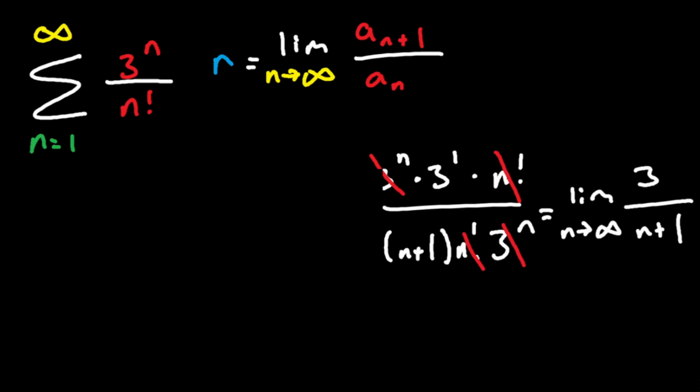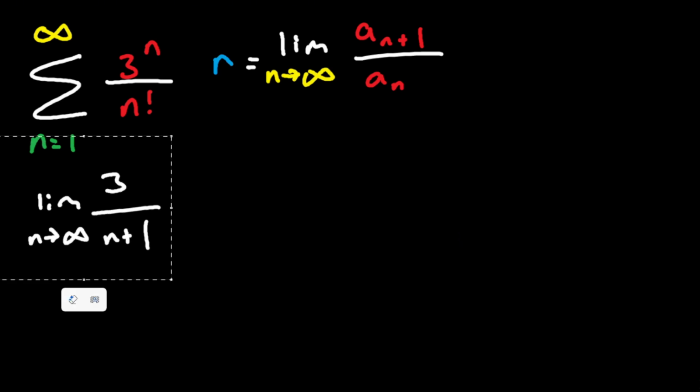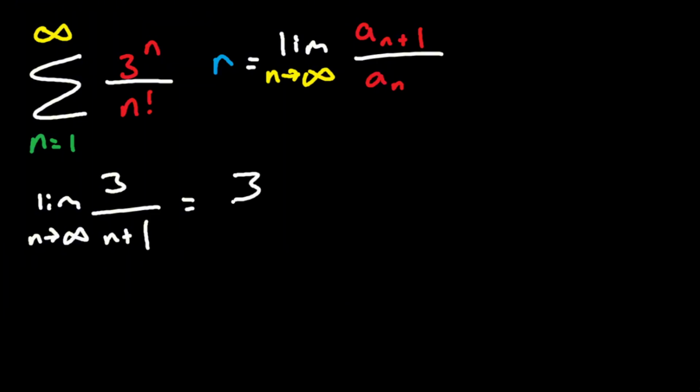So this limit is actually quite simple to solve. In most cases, the ratio test will lead to a pretty simple limit, but there's no guarantee of that. Hopefully your teacher doesn't do any of the crazy limits. But 3 over n plus 1 evaluates into 3 over infinity, which is just equal to 0.